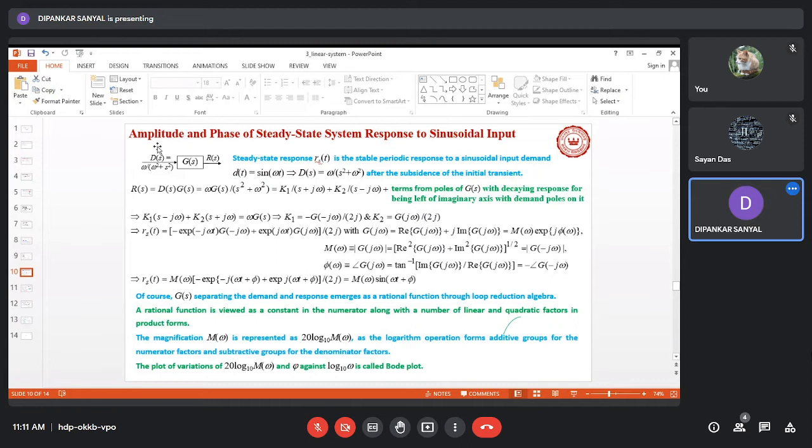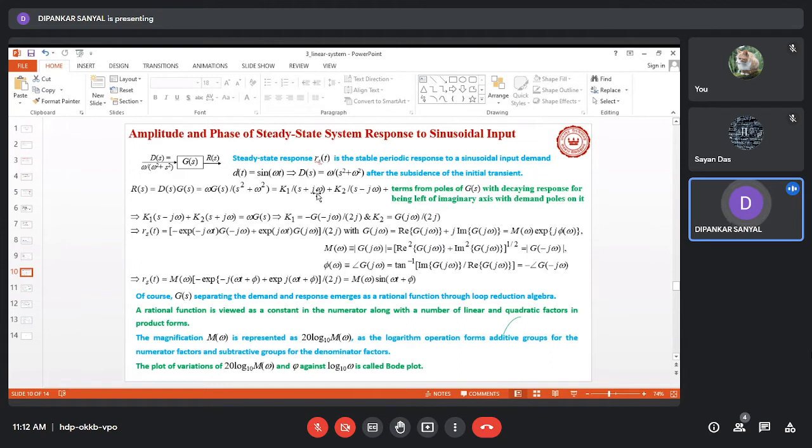So here, in the Laplace domain, the input is omega by omega square plus s square, and as we have told, if I consider this, then Rs is ds into gs, and for ds we put this, and gs remains as it is, and then we factorize this part corresponding to this.